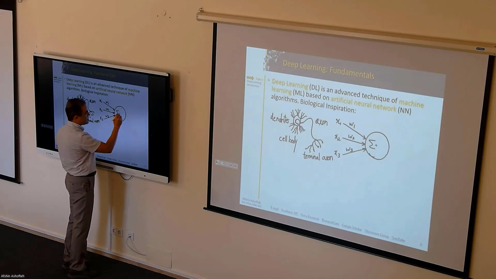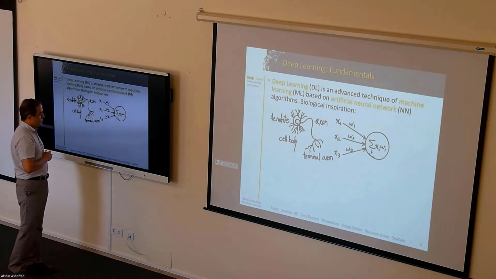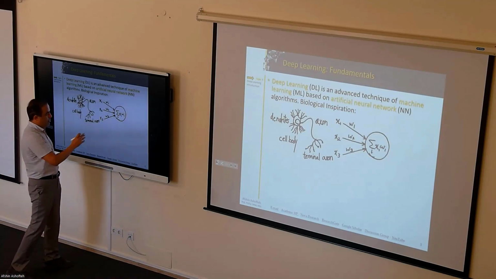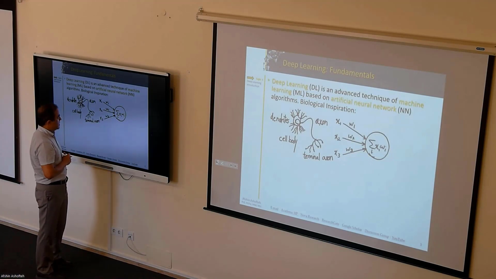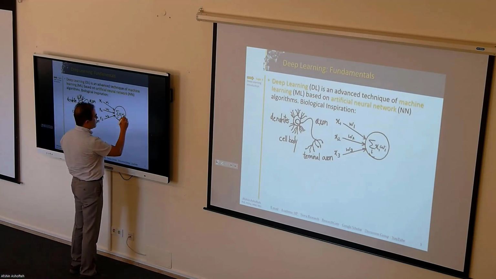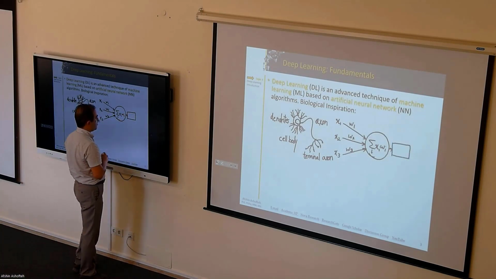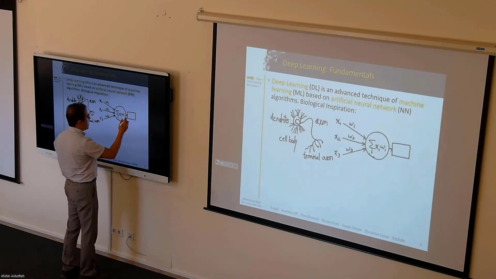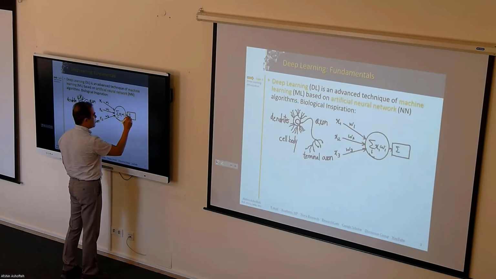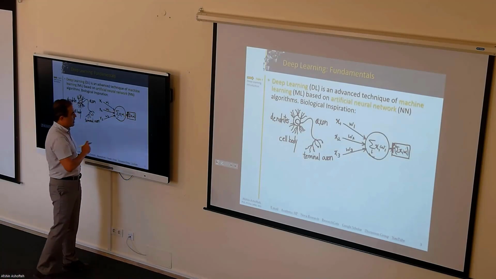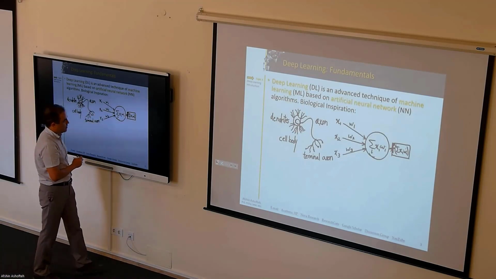So basically, a summation of xi times wi would be the calculation that we make in the middle of this neural network. And then what we can do is apply a mathematical function to this summation that we have from all of these inputs here.